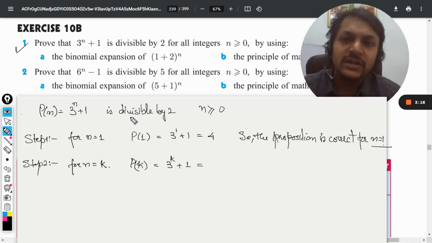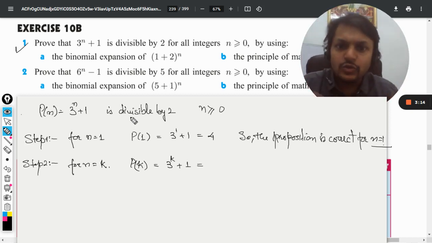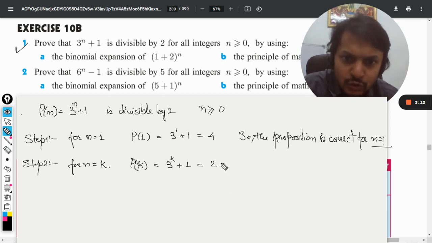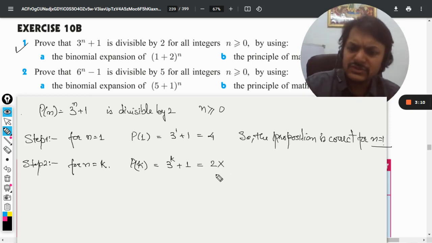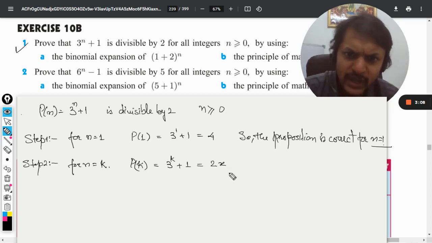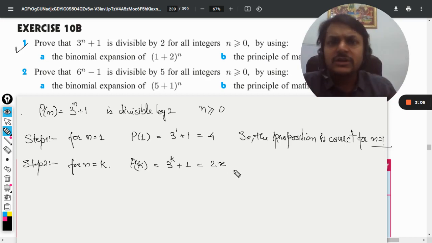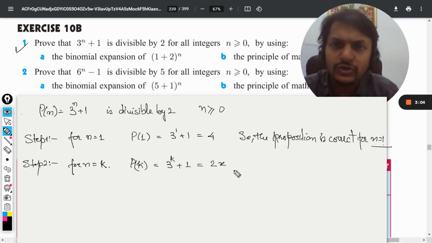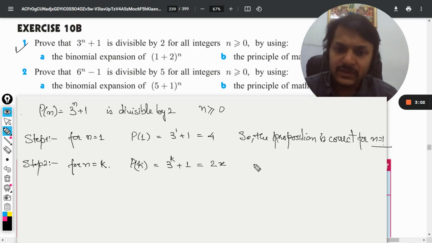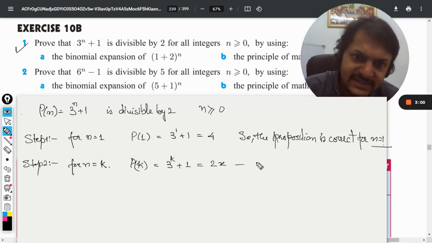We just assume it. Now, if something is divisible by 2, you can write it as 2 times something. We can write it like 2x, where x is some other number, and because it is divisible by 2, you can write it as 2x. So I have written it as 2x. Now, this is clearly an assumption.